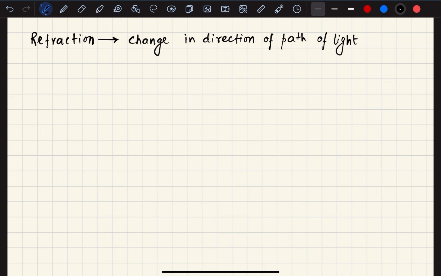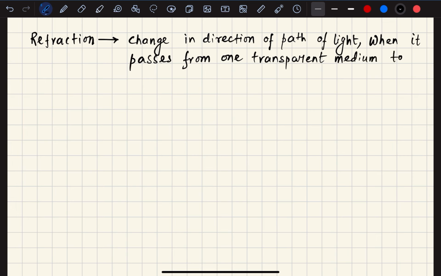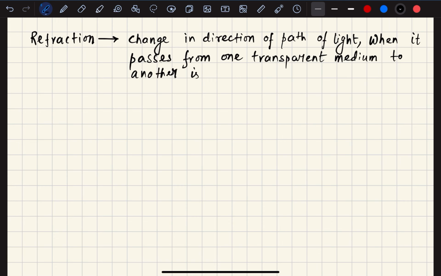Change in direction of path of light when it passes from one transparent medium to another, from one transparent medium to another, is called refraction. Okay, so this is the definition of refraction.